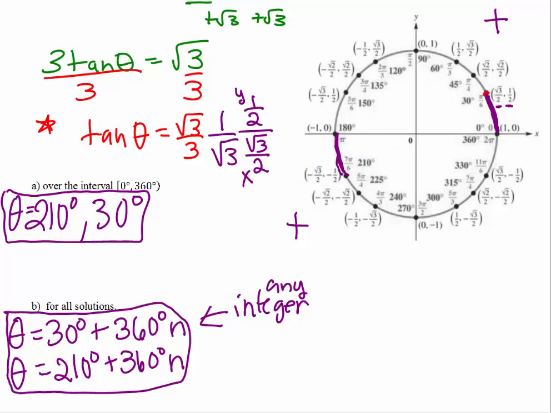If I look at these 2 points on my circle, so we look at the 2 points here on the unit circle, we notice that 30 degrees and 210 degrees are actually equally spaced around the circle. They are 180 degrees apart.